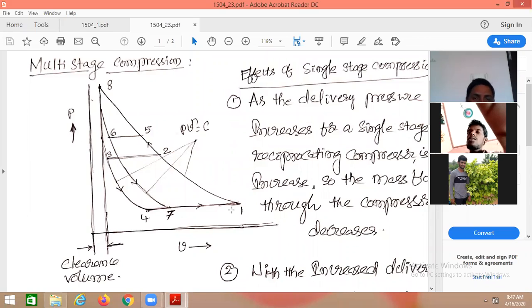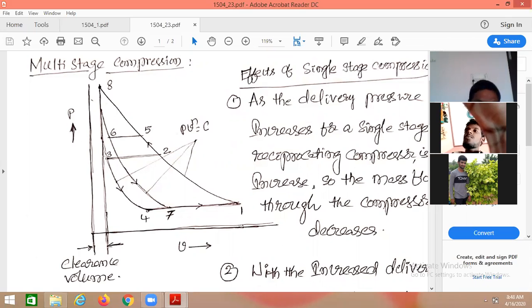That will reduce the volumetric efficiency. If no fresh air is compressed, what is the advantage of having the compressor? That is why we adopt multi-stage compression. From this PV diagram for single stage compression: lower pressure compression corresponds to 2 to 3, medium pressure compression to 5 to 6, and high pressure compression to 8.